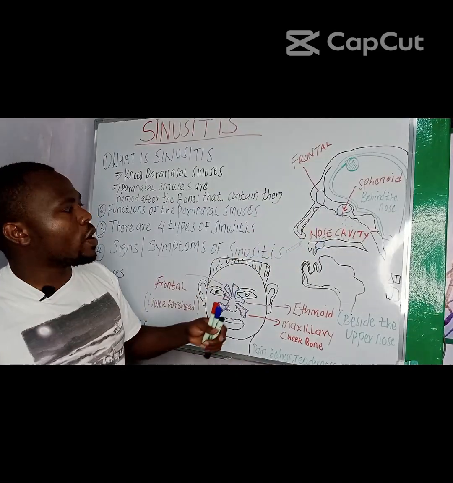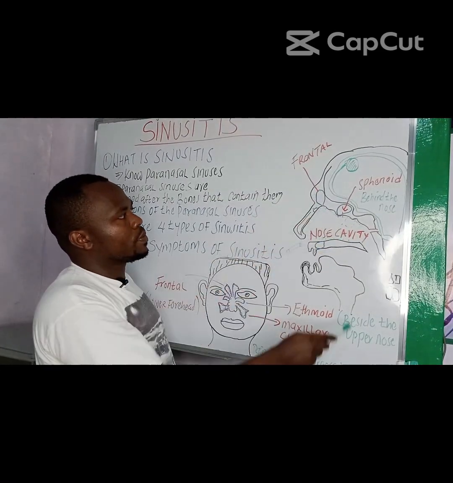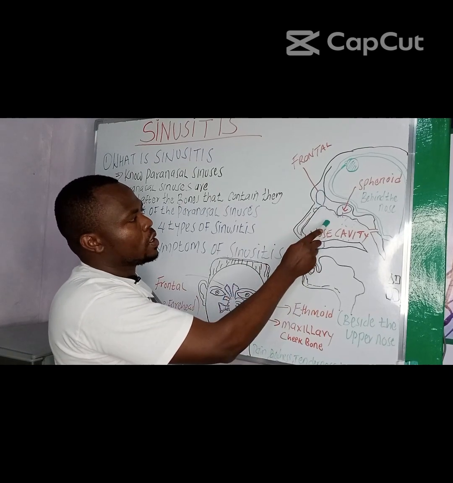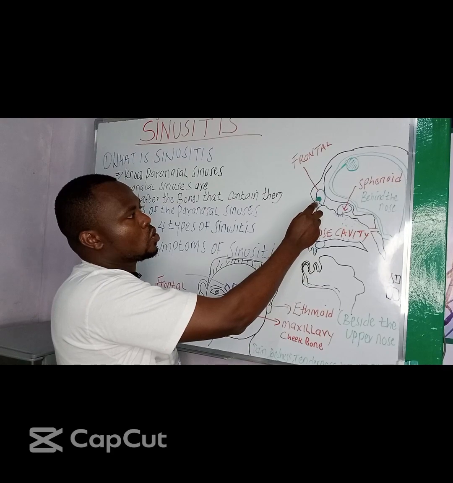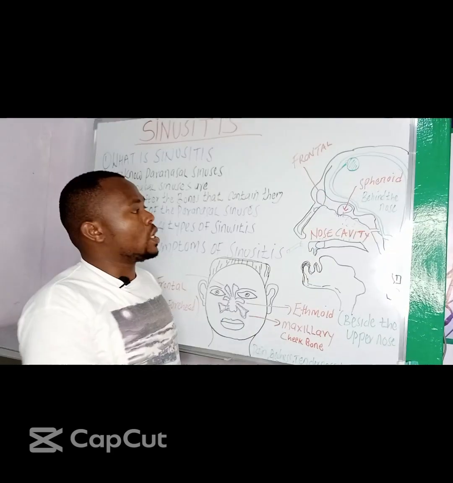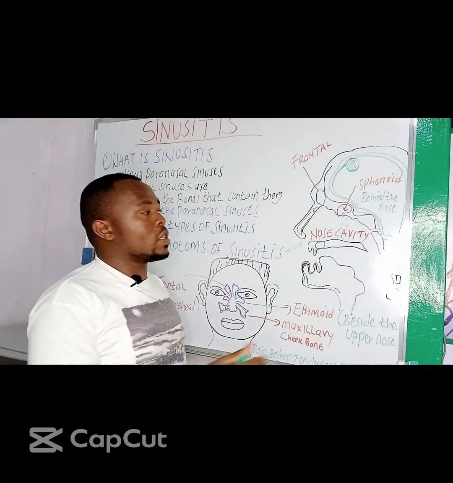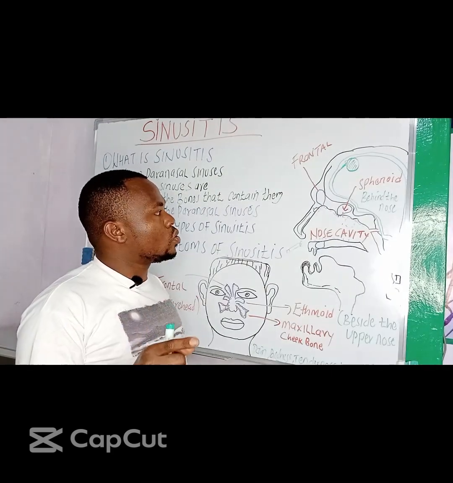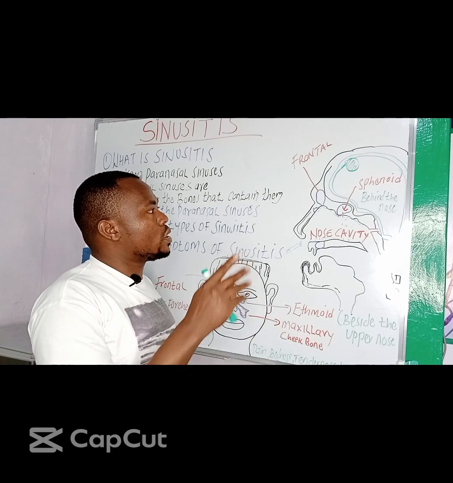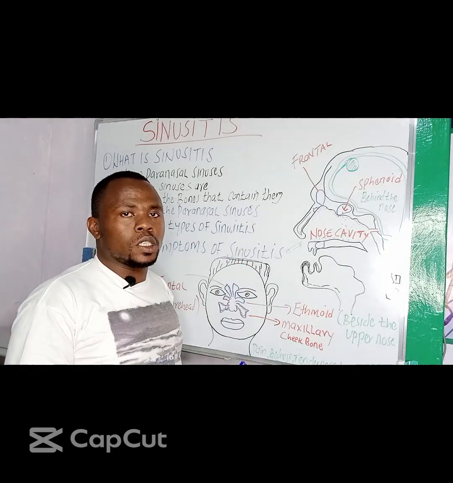So when you have an infection in this location, this infection might cross over to the brain. When this infection crosses over to the brain, it will cause two things. One, you might get what we call meningitis.